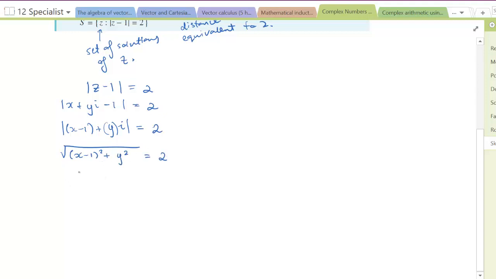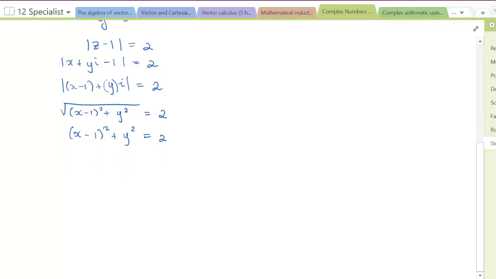If we square both sides, we end up with a circle formula, (x minus 1) squared plus y squared is equal to 2 squared. We can see straight away that this has a translation of 1 to the right in the real and 0 in the imaginary. It's a circle with a center at 1 plus 0i, and a radius of 2.